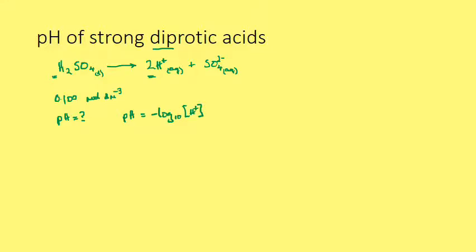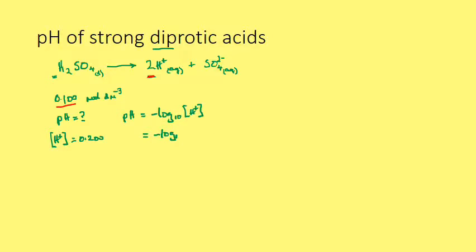But what is the hydrogen ion concentration? That is the first little question to ask. So if our concentration of sulfuric acid is 0.1 and we get 2 protons per molecule of sulfuric acid, we're going to have a concentration of hydrogen ions as 0.200.